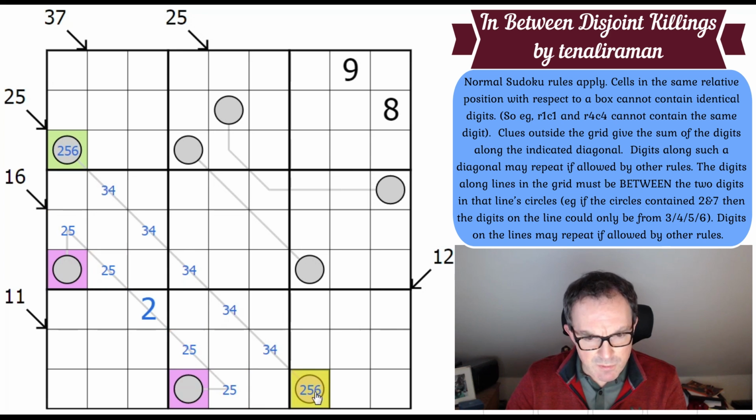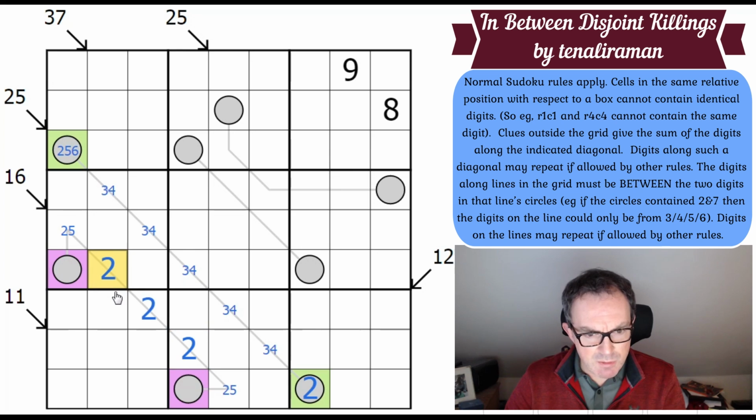If this is a 2, look what it does to where the 2s go along this diagonal. You can't put a 2 here, so you have to put a 2 here. But the moment you put a 2 here, it actually affects this pair. If this is a 2, which one of these can be a 2? Because you can't put a 2 now in here, or it will repeat in that disjoint set, the middle left cell of each box.